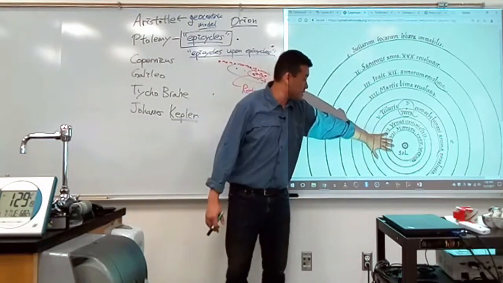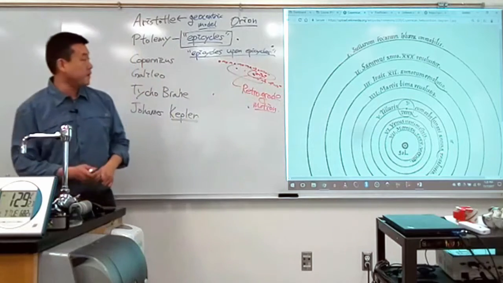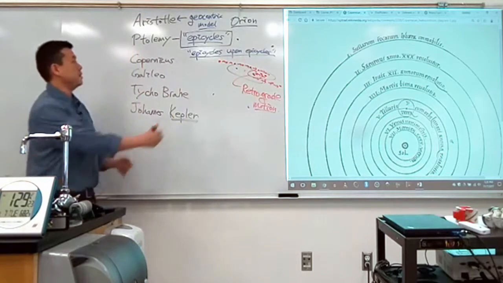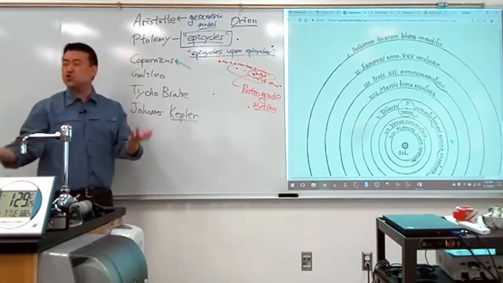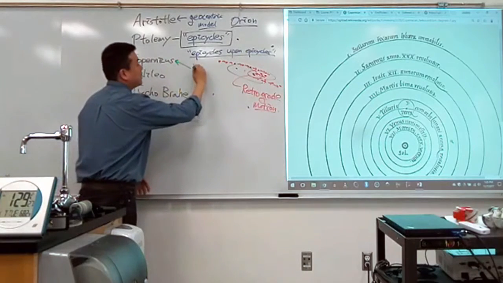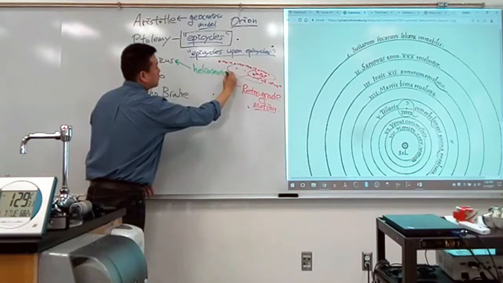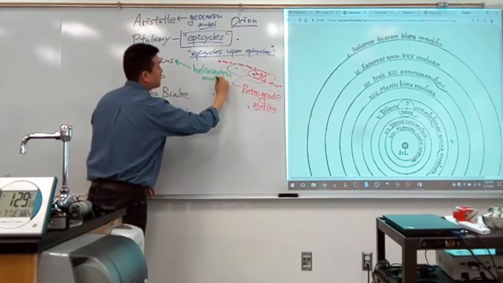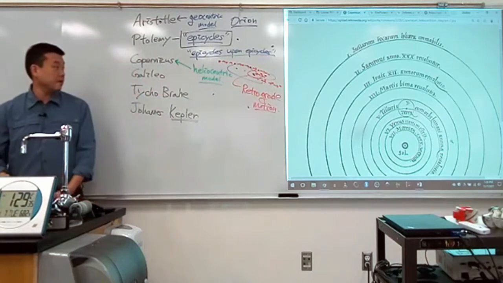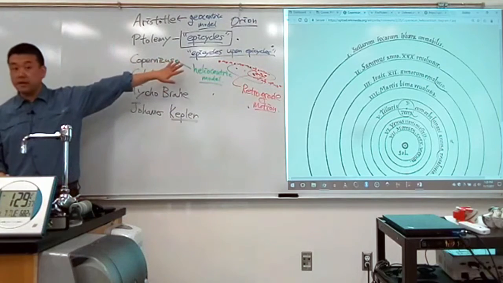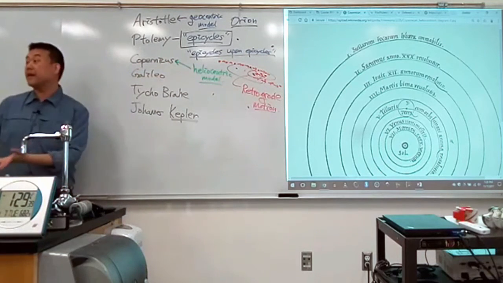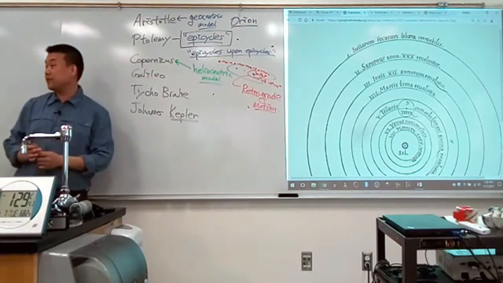So this is the Copernican model. And so he's the one that we usually credit with the heliocentric model of the solar system, even though it wasn't a new idea, but he's the one who brought it back after people had forgotten about it for 1,000 years.